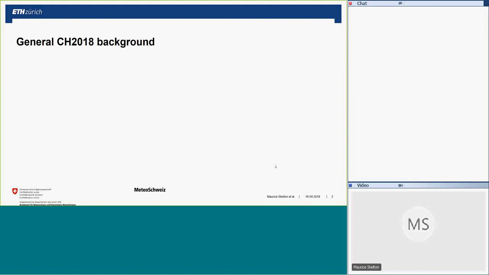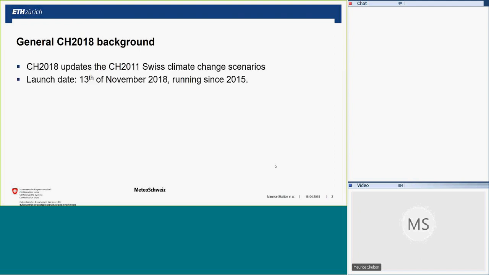Good. Well, also like Fai, I would like to give you a general flavor of the CH2018 background in case you haven't heard of this. Basically, CH2018 is our climate scenarios, which will update the CH2011 climate scenarios from 2011.